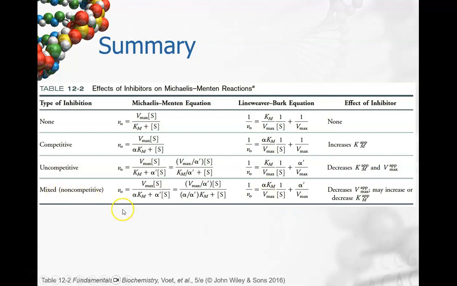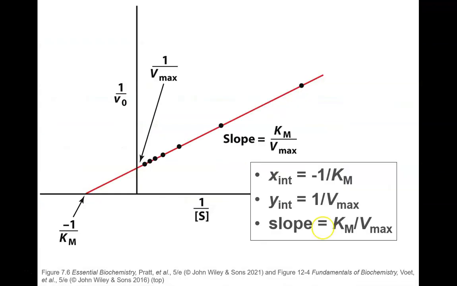And for non-competitive, and to make it even more difficult, sometimes it's called mixed, the Vmax goes down in all three cases, but the Km might go up or the Km might go down, and what's not shown here is the Km might stay the same. It depends on whether the inhibitor likes the enzyme substrate complex more, does it like the enzyme more, or does it not care.